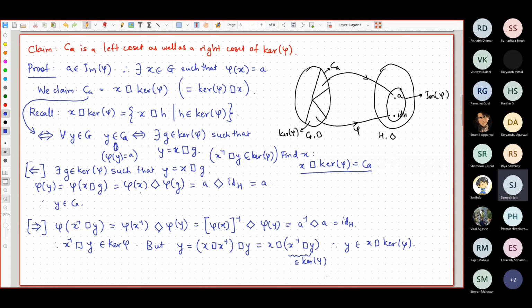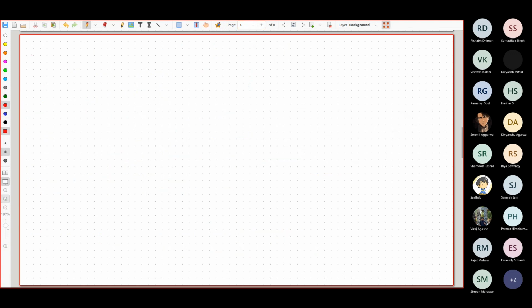Okay. So what does this mean? Corollary: every left coset of kernel phi is also a right coset of kernel phi and vice versa.